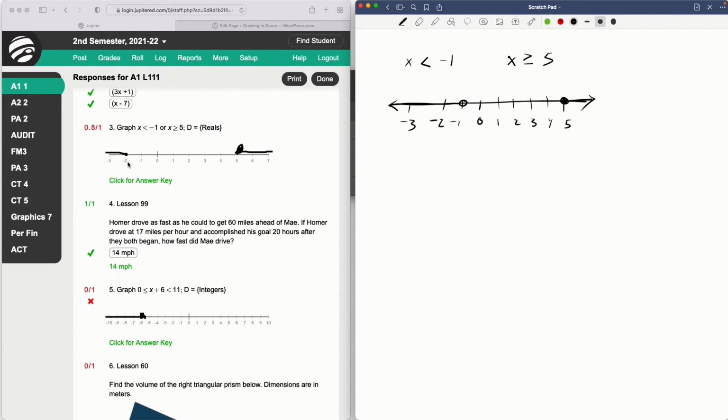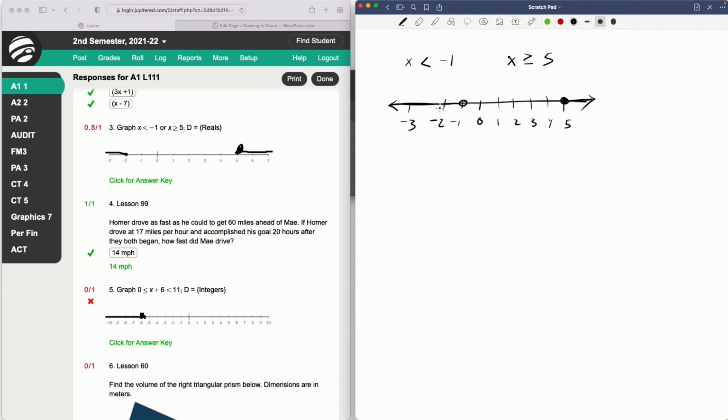Now, if this had been integers, where you were just selecting integers, and you just needed to dot the -2 and dot the -3, then that would have been correct, because that would have been the next integer less than -1. But because this said reals, reals means all the numbers, not just the whole numbers, but all the numbers in between the whole numbers, all the fractions and decimals.